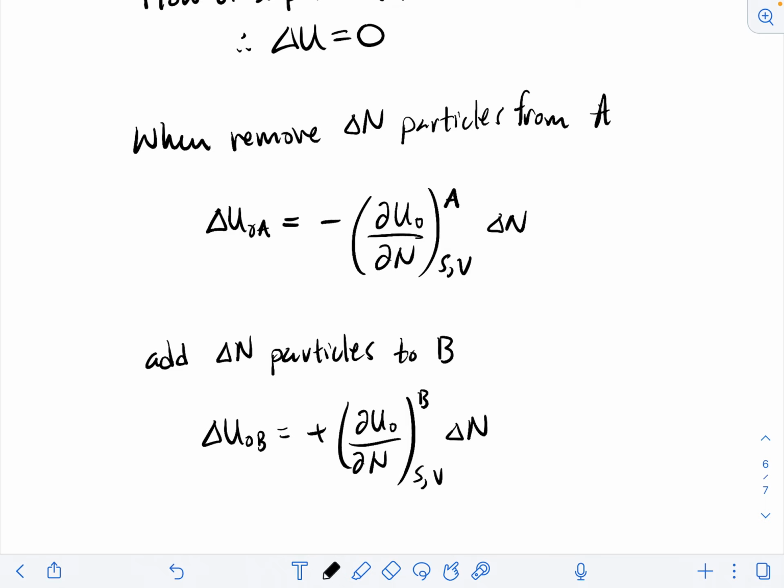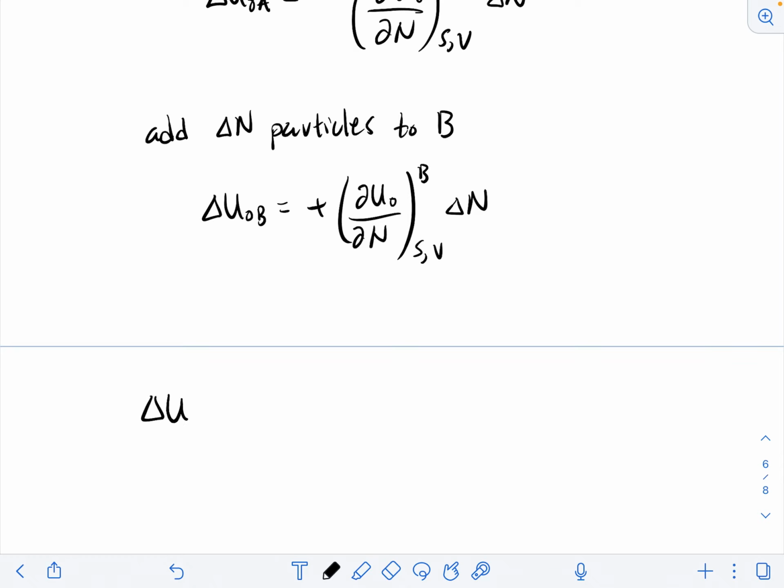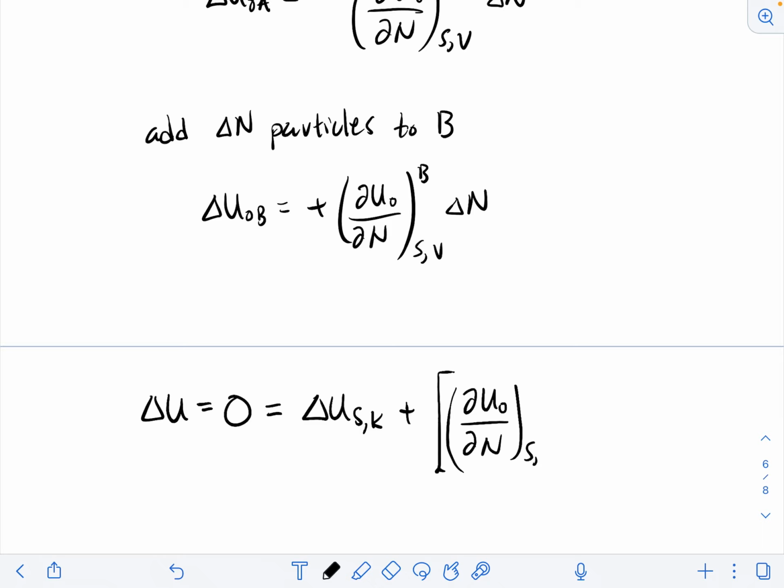Okay, so now delta U, the total change in internal energy, we said had to be 0, and that has to be equal to the change in kinetic energy of the superfluid plus the change in the internal energy when the fluid's at rest, and then we had a times delta n.